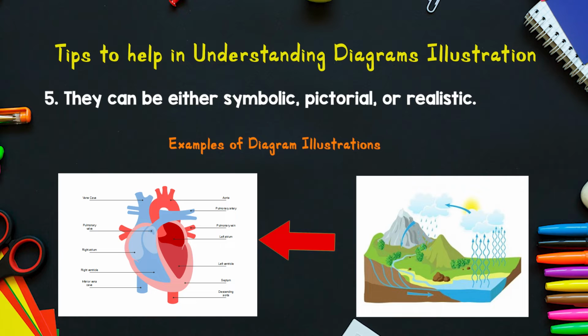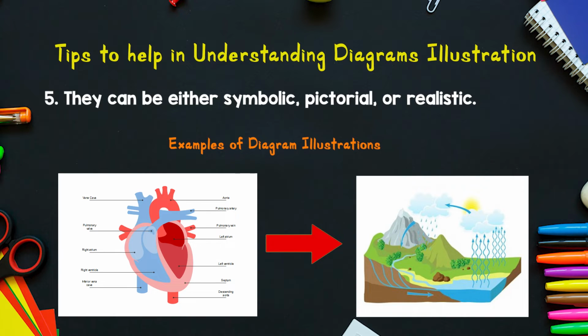So as you look at this diagram, there are arrows pointing to a specific spot or a specific location of the heart, and you have a label to tell you the name of that part of the heart. So there you have a diagram and how it can help you to understand the heart, and in a bigger context, the circulatory system of the body.